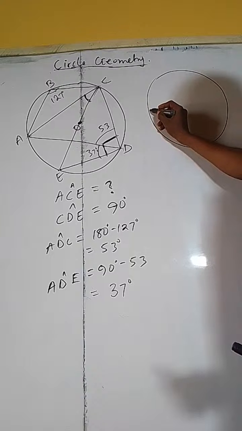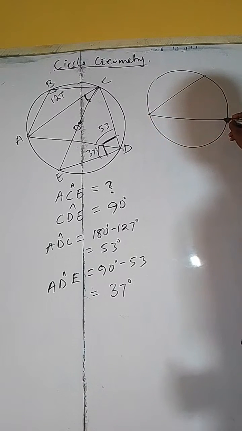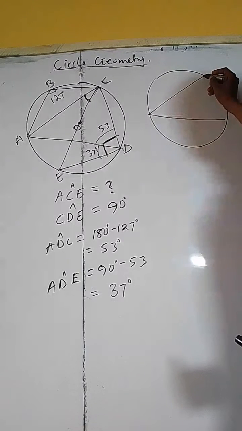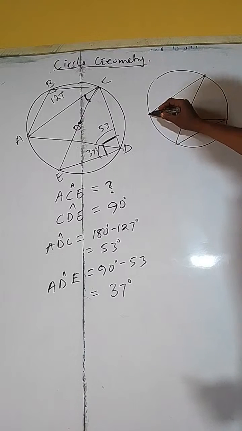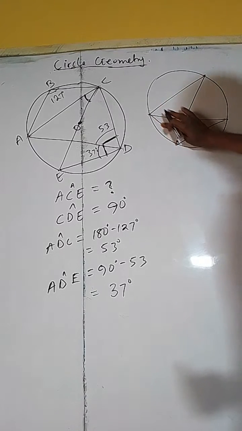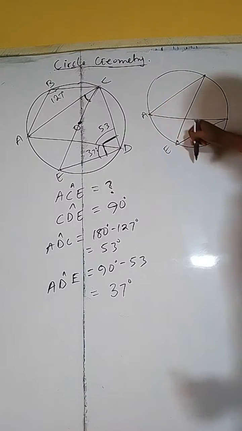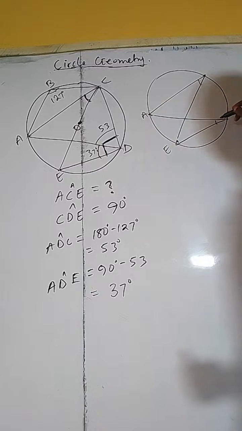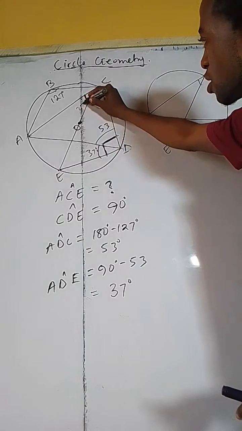It's because we are not having a chord there. It might be somehow, but when you look at it, assuming this is just a chord here, the same way we look at angles in the same segment. So this chord is representing an arc, which is A, instead of a chord. So this angle here and this angle here form angles in the same segment. So this is 37, this is also 37 here.